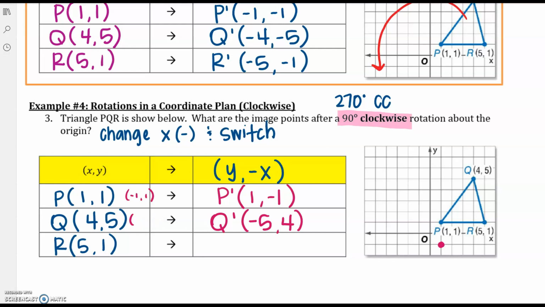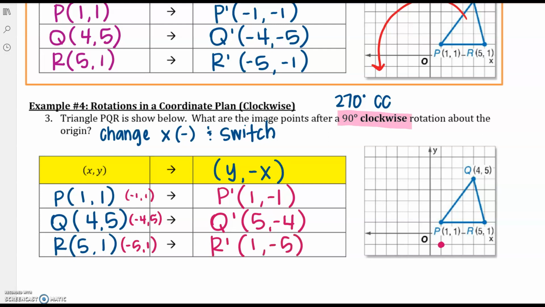I did. Change my X and then flip it. So let's try that one again. I think I did that first one, right? Yes. So 5, -4 would be my Q prime. Sorry about that. And then change my X and flip. So R prime would be 1, -5.